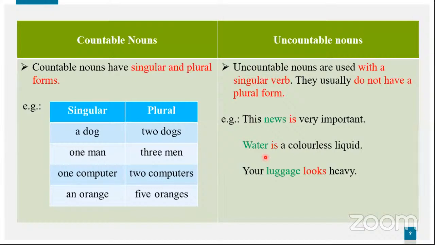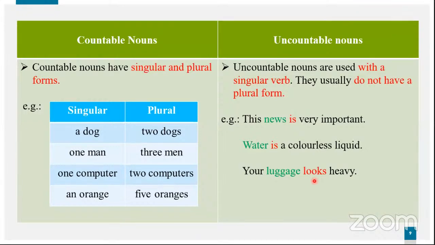We use it with a singular verb, right? And the third one, your luggage looks heavy. So luggage is an uncountable noun, but we use it with a singular verb, right? That's the main difference.